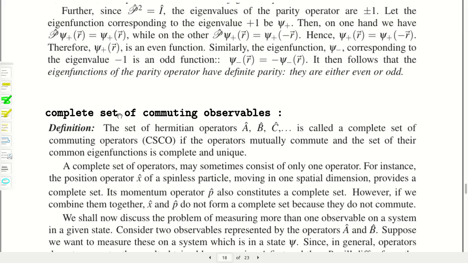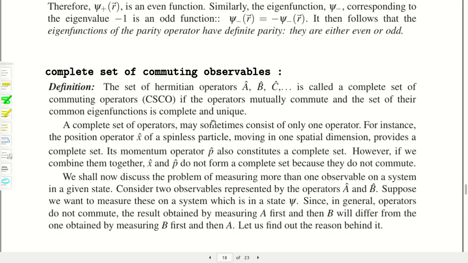We are looking at the measurement perspective of the observables. Here the topic is the complete set of commuting observables. I have discussed earlier that if the operators are commuting operators, they should have simultaneous eigenfunctions.